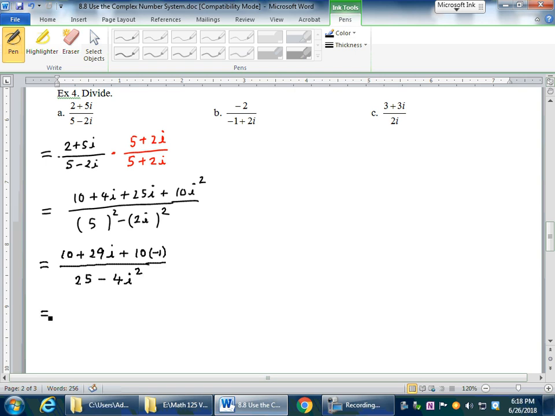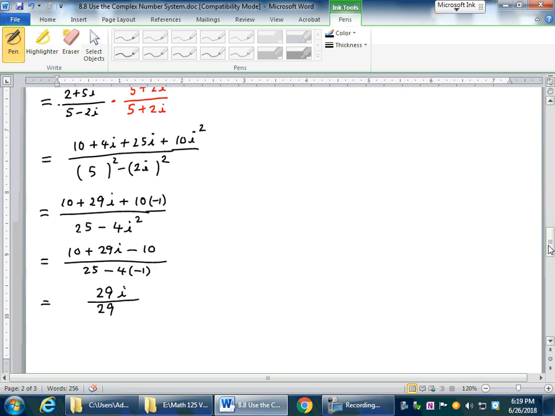So this allows me to get 10 plus 29i minus 10 over 25 minus 4 times negative 1. So numerator, when I simplify it, 10 minus 10 will become 0, so it will be 29i over 25 plus 4 will give me 29. So therefore, my final answer after I simplify everything, it will be just i itself.